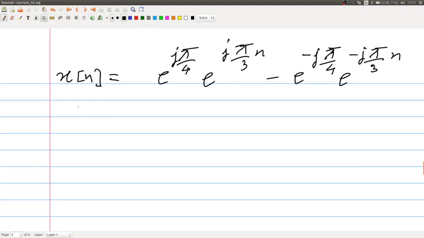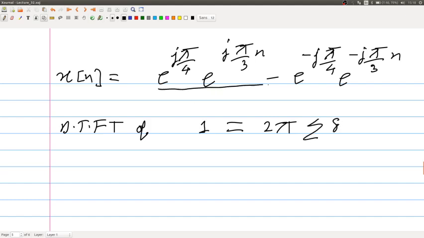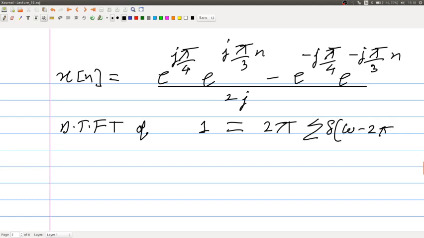right? And we have derived the DTFT of 1 is 2 pi summation, here there is a division by 2j as well. So if I miss out some such step, you should point that out in the discussion section on Moodle. And summation over n.